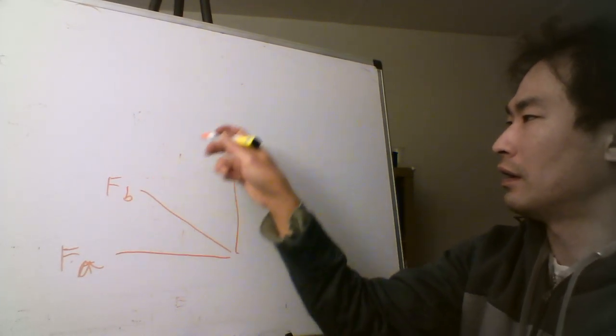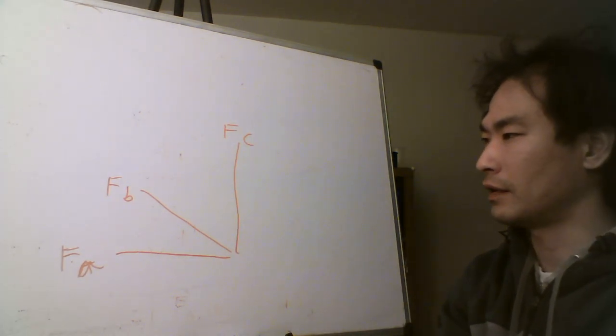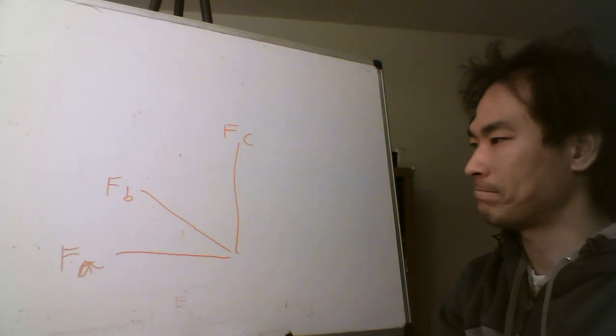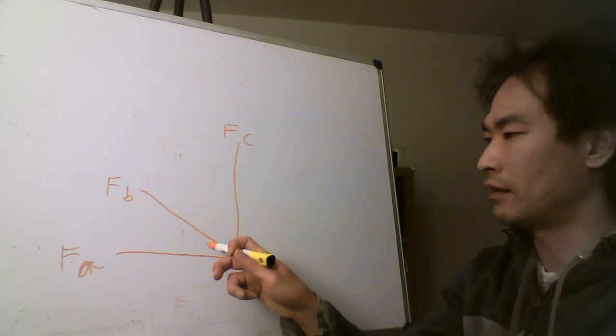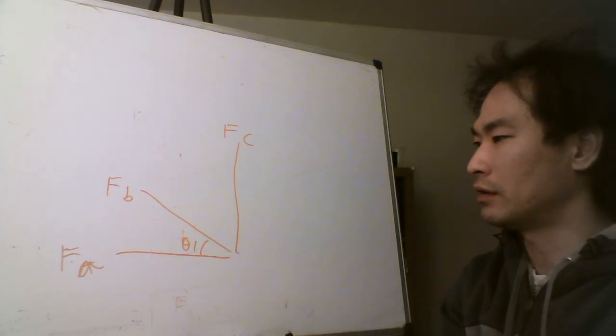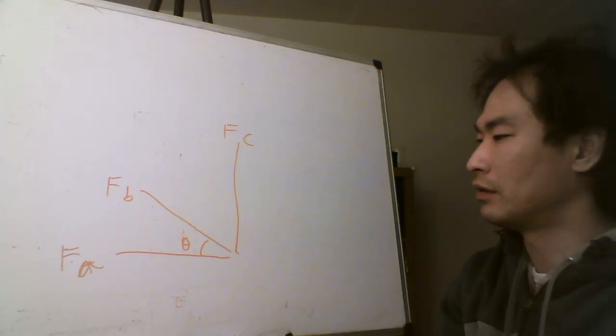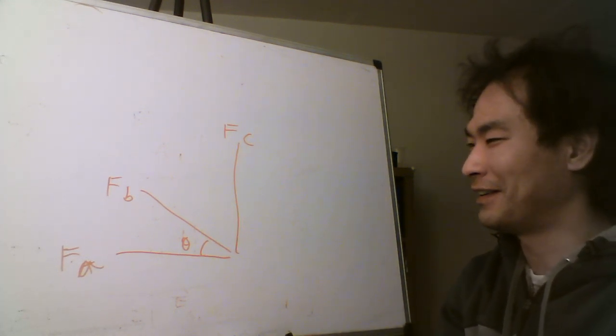B, F, C. Okay? We make it easy, right? We call it theta 1, alright? We just call it theta. Okay.